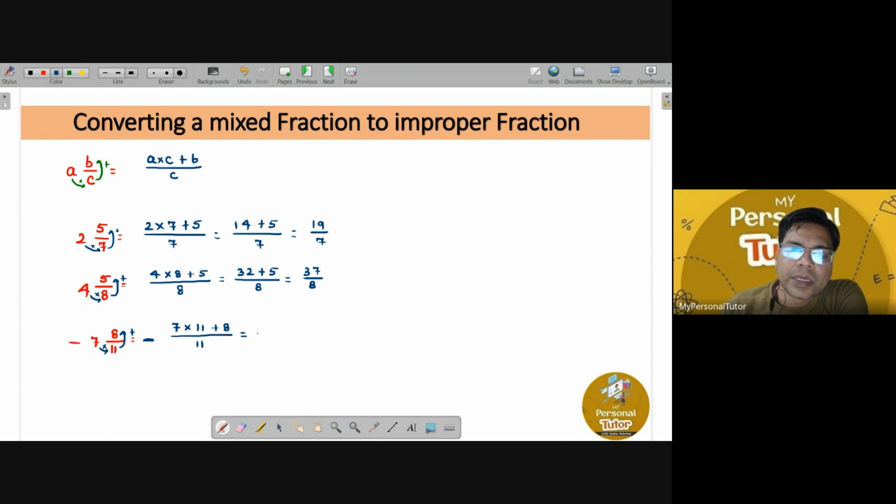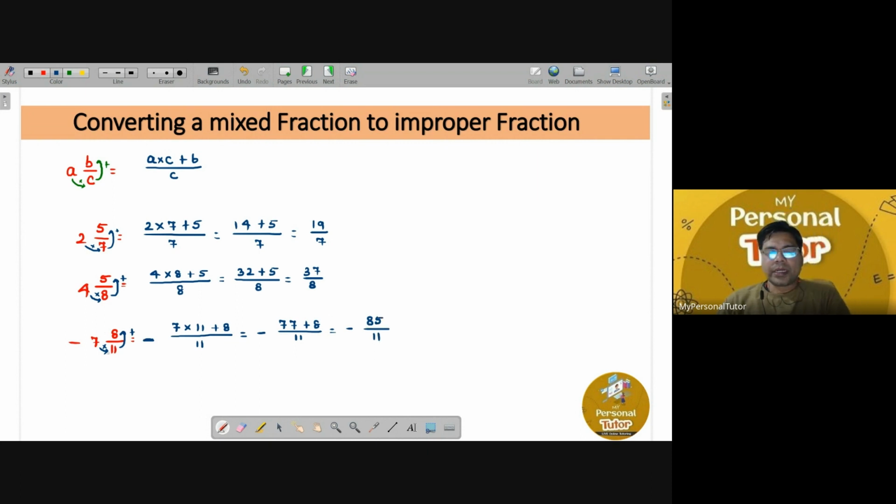So this minus is as it is. 7 multiplied by 11 is 77, and you add 8 to it, whole thing divided by 11. 77 plus 8 gives you 85 over 11.